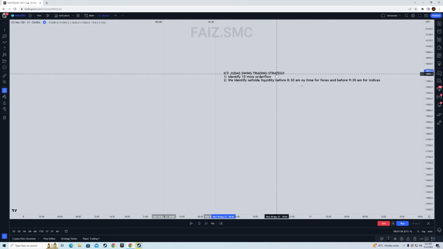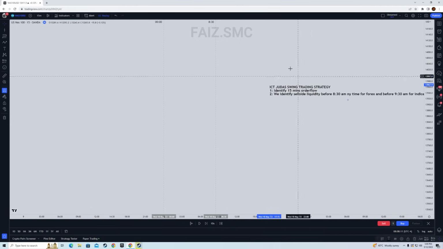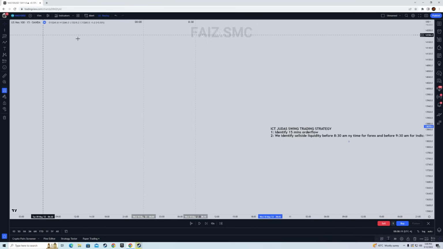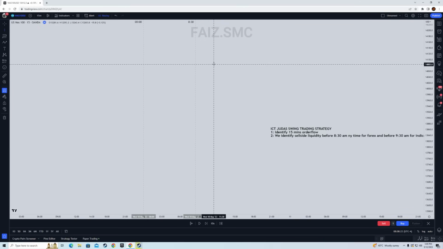If our bias was bearish, we would identify buy side liquidity before 8:30. I'm giving you the example for Forex. For indices, you would look for liquidity before 9:30. So we have the midnight open, then the 8:30 open for Forex, and our trading window is till 11:30.